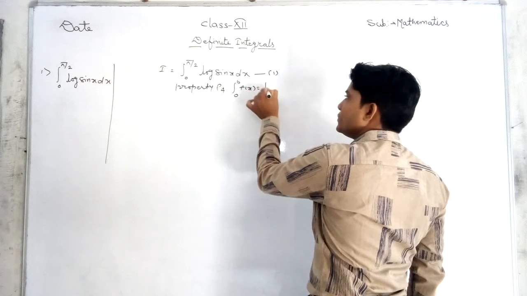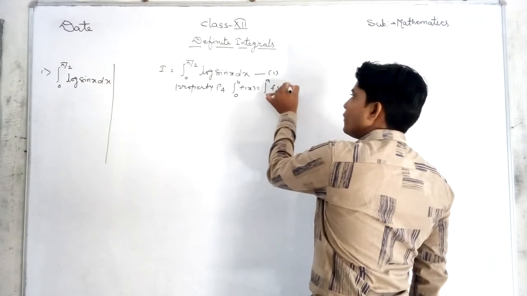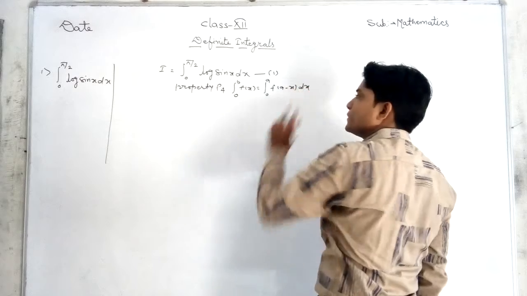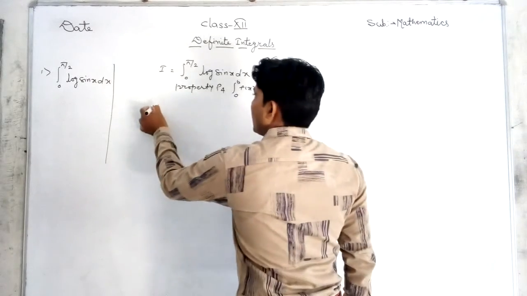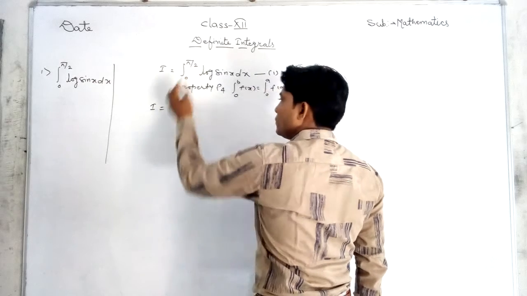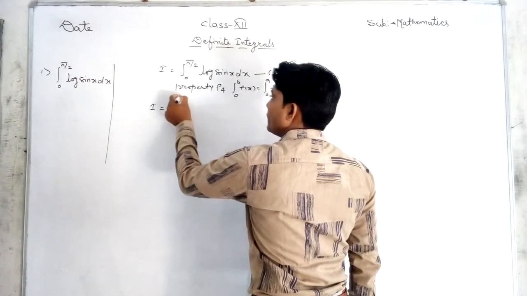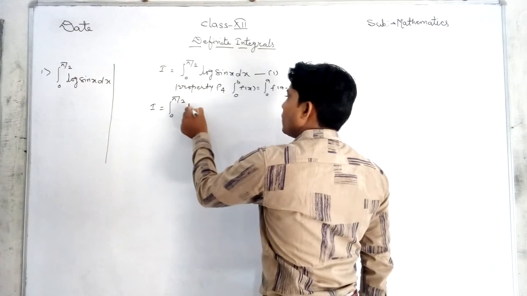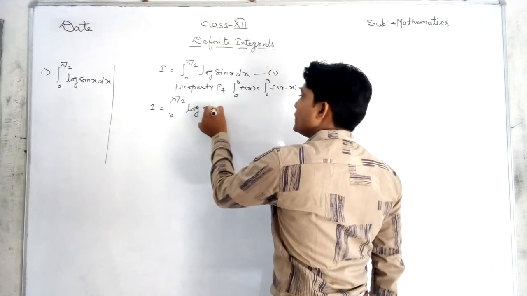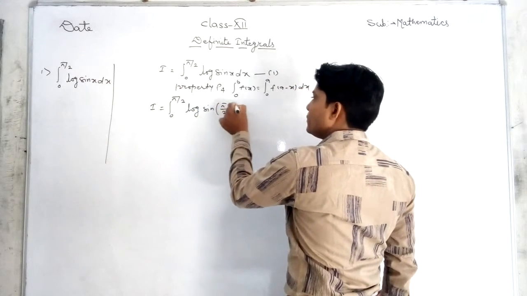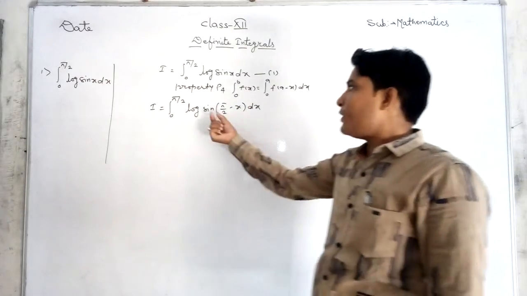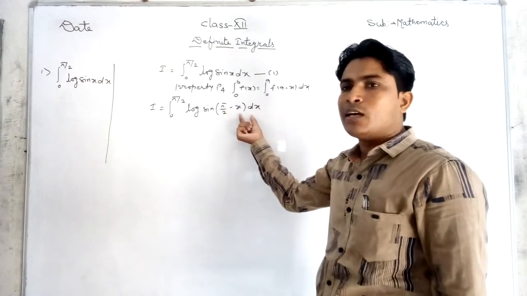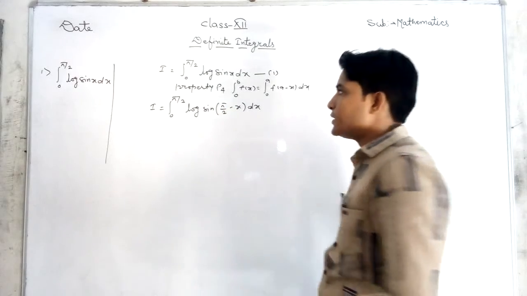Now we apply this property: I equals the integral from 0 to pi by 2 of log sin(pi by 2 minus x). We know very well that sin(90 minus theta), that is sin(pi by 2 minus x), is cos x. So I equals the integral from 0 to pi by 2 of log cos x.